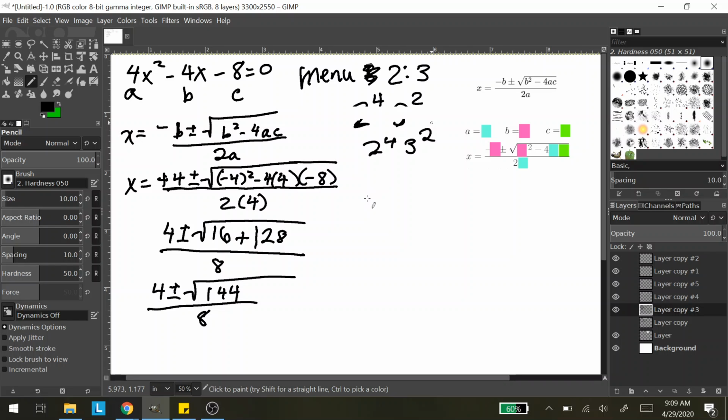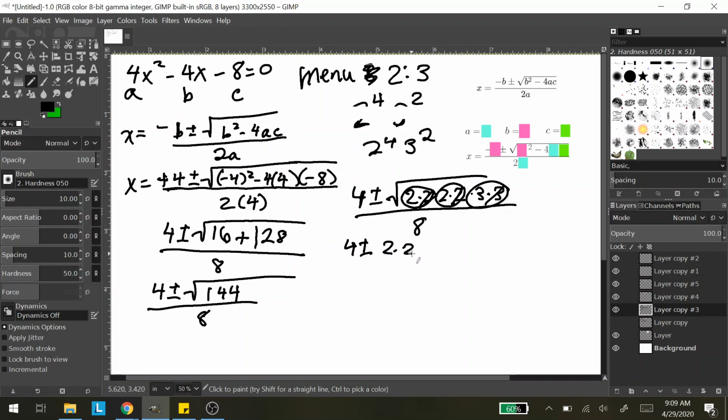So I'm going to have 4 plus or minus the square root of 1, 2, 3, 4, 1, 2, all over 8. Now this is pretty nice because I've got a group of 2, group of 2, group of 3. I'm going to bring each one of those out. So now it's 4 plus or minus 2 times 2 times 3. 4 plus or minus 2 times 2 is 4 times 3 is 12, all over 8.